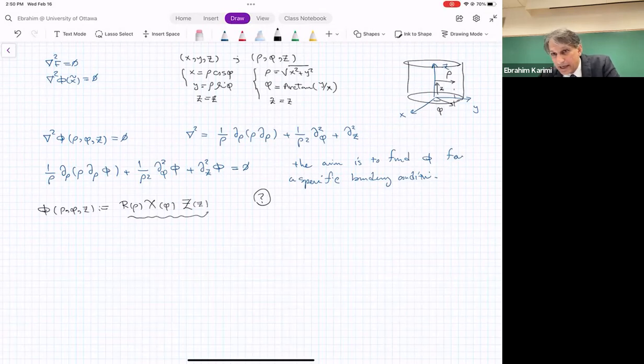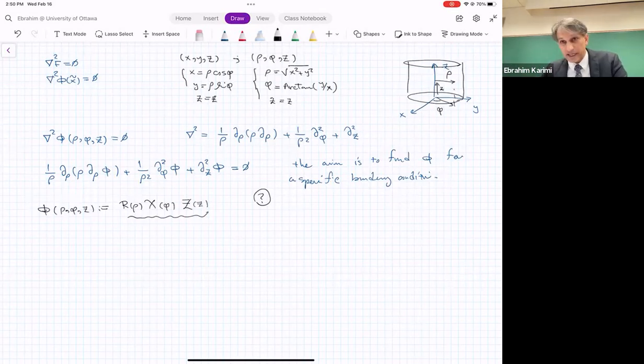The point is that, from the beginning, you may feel that it doesn't make sense to assume that you have 3 independent functions of rho, phi, and z, and then look for a solution which can be any arbitrary one. But don't forget that we are assuming that any superposition of these independent functions also can be a solution.